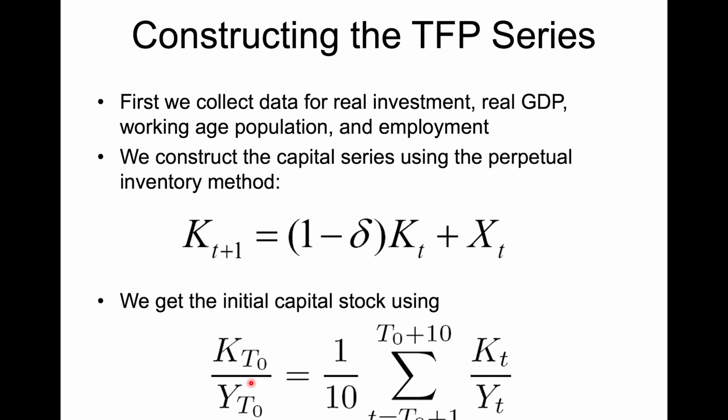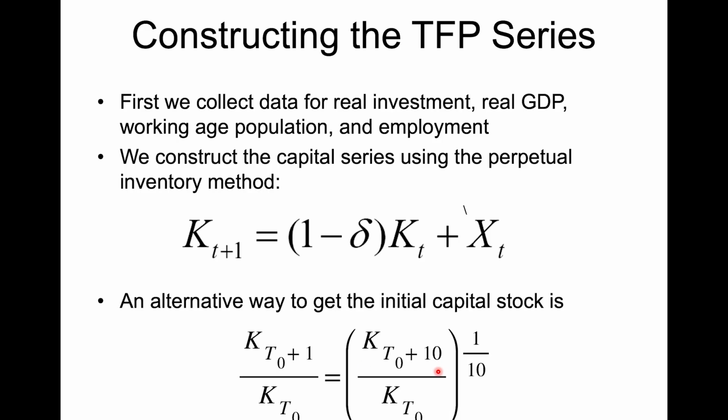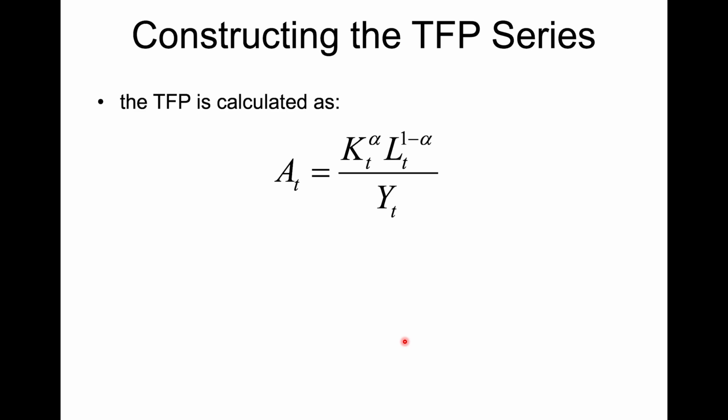So you initialize the first period's capital to be equal to the average of that figure over the next 10 years. An alternative way to initialize the capital stock was to use the fact that the aggregate capital growth rates should be pretty stable over time. So you use the average growth rate over the next 10 years to pin down the first period's capital stock. Okay, so we talked about this last class.